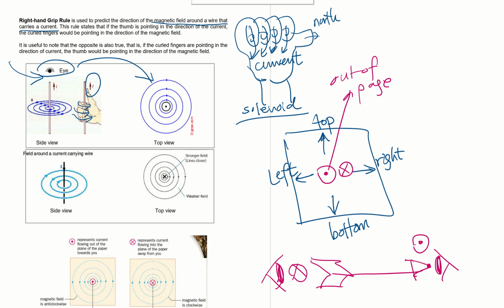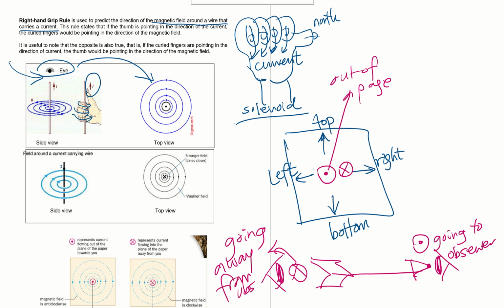So the dot signifies the direction is going towards the observer. The cross shows going away from the observer. So if you are drawing a dot and cross over here, the dot signifies something coming out of the page.